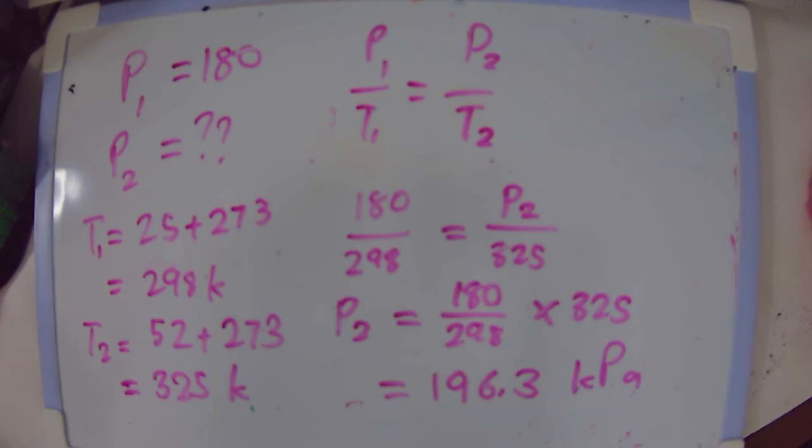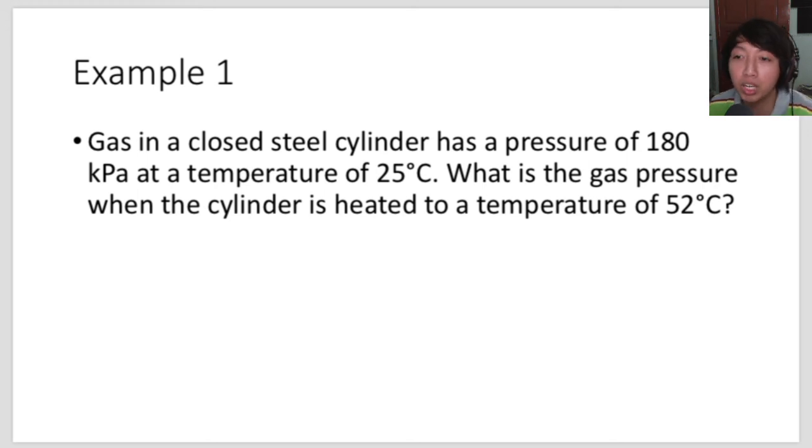And so basically, you just have to remember which law is talking about which aspect. So which one is talking about temperature and pressure, which one is talking about volume and temperature, and which one is talking about volume and pressure.